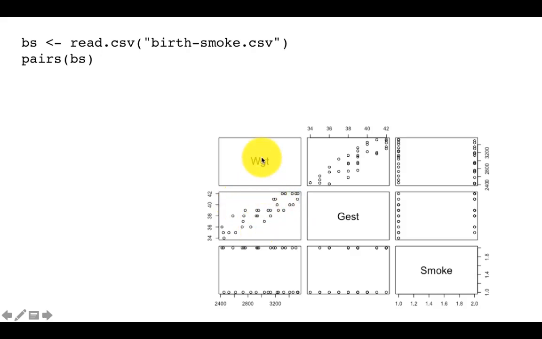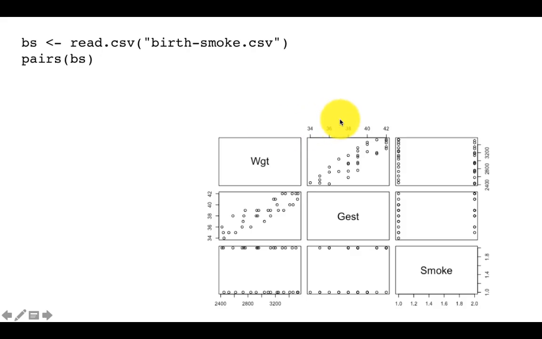So this particular plot has weight on the x-axis and gest on the y-axis. This plot is the exact opposite: gest on the x-axis and weight on the y-axis. Of course, they look quite the same simply because of the pattern. This plot, on the other hand, has gestation on the x-axis and smoke on the y-axis, and so on. That is how you interpret the plot.